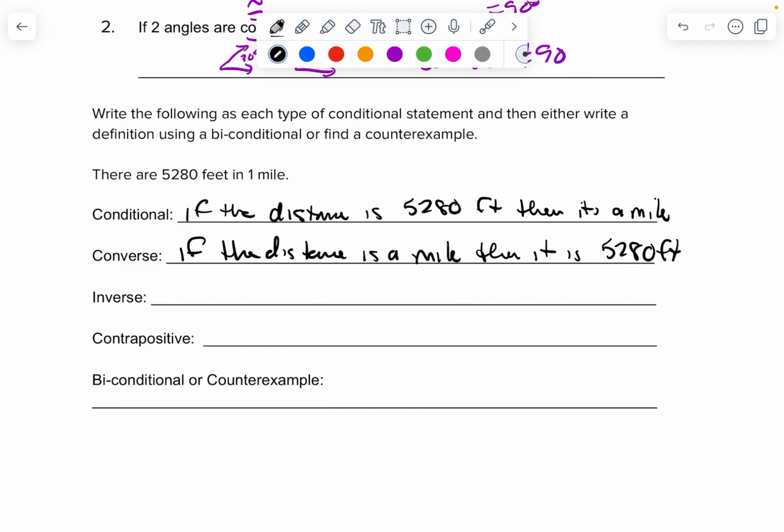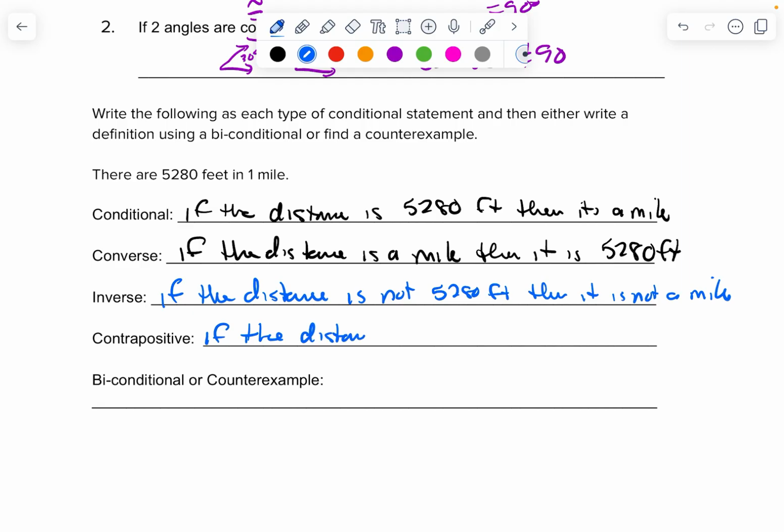The inverse is: if the distance is not 5,280 feet, then it is not a mile. And the contrapositive: if the distance is not a mile, then it is not 5,280 feet.